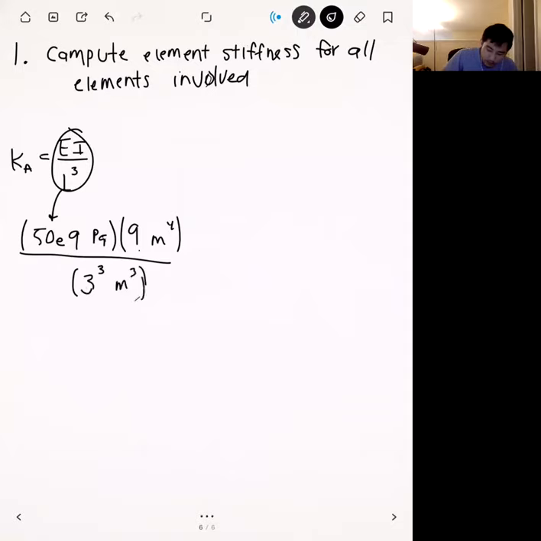Computing this out, 50 E9 times 9 divided by 27 gives 1.67 times 10 to the 10th newtons per meter.